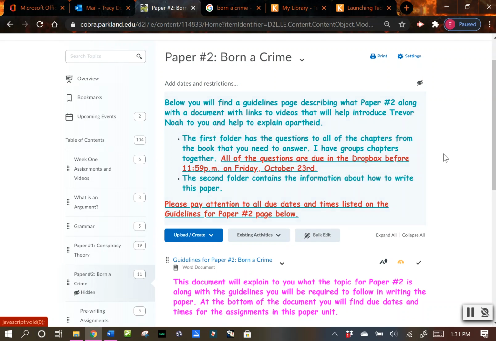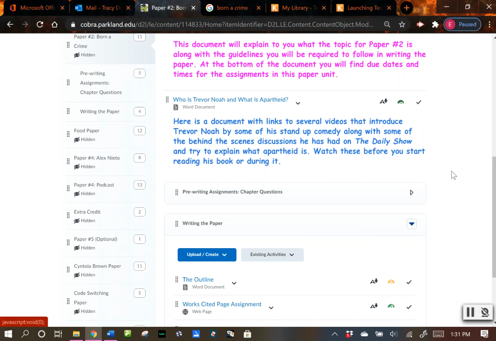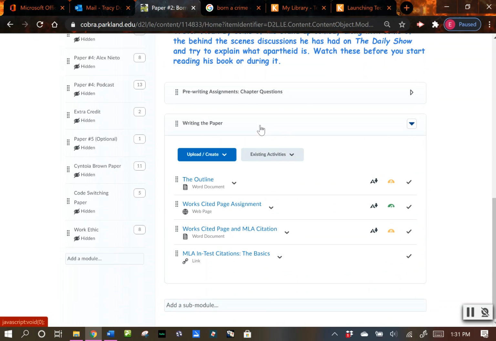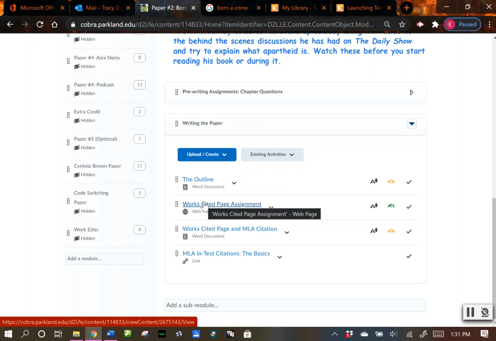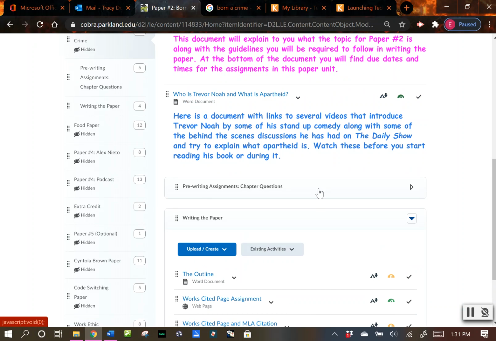Okay, and then in our next folder, writing the paper, here the outline and the works cited page are both due before the chapter questions. I know that sounds a little confusing, but again, like we did with paper number 1, I need a couple of days to respond to those, because then that following week your rough draft will be due.